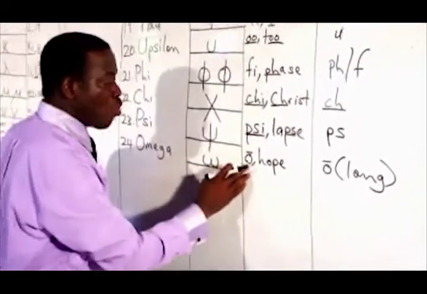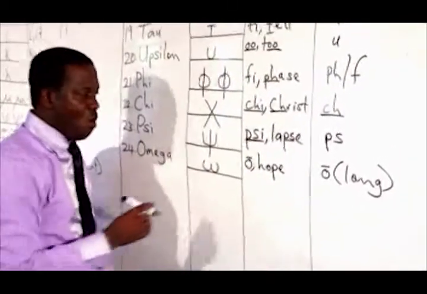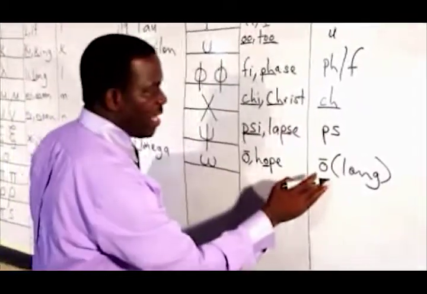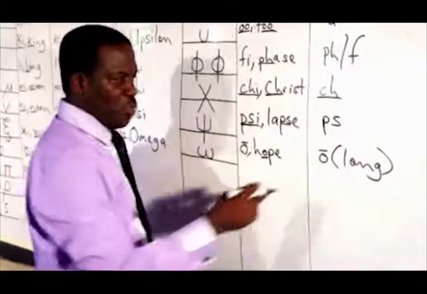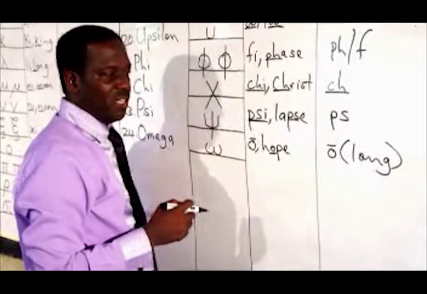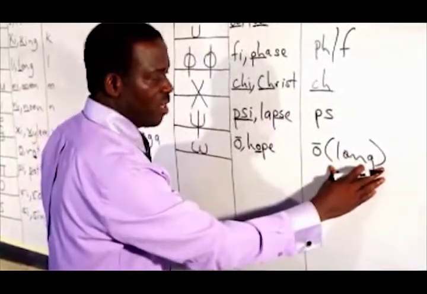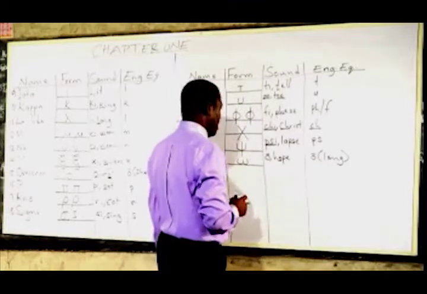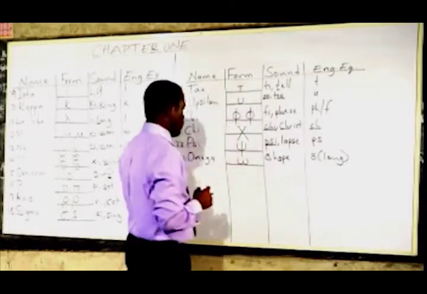And omega sounds as O, as you pronounce the O in "O," and it's equivalent to our English O. But omega is the long Greek O, while omicron is the short one, and that's why I put long in front of omega to show that it is long Greek O.